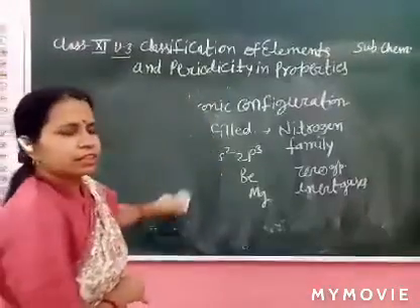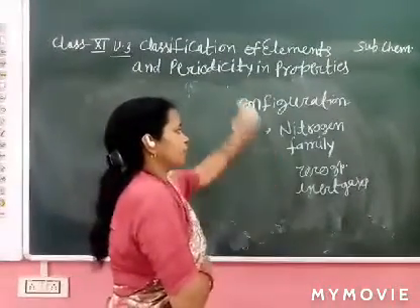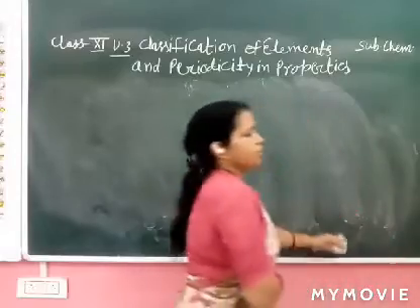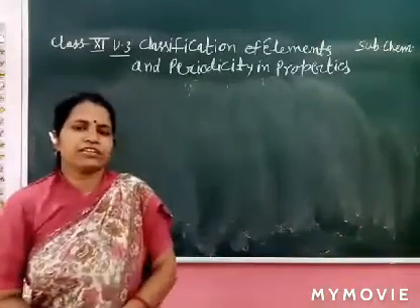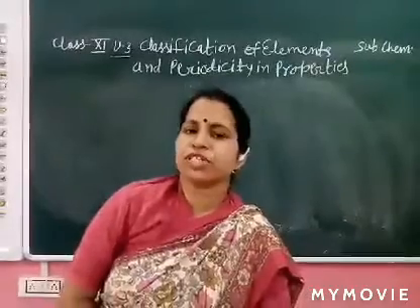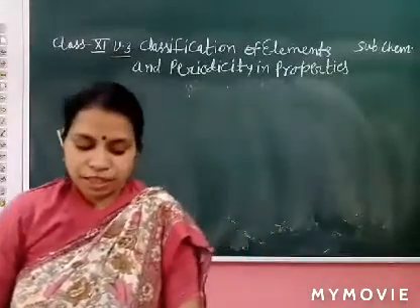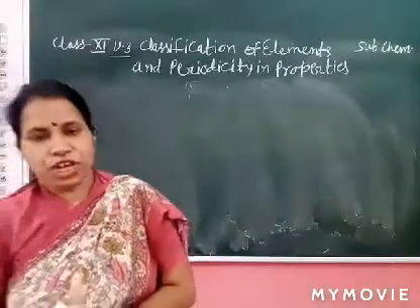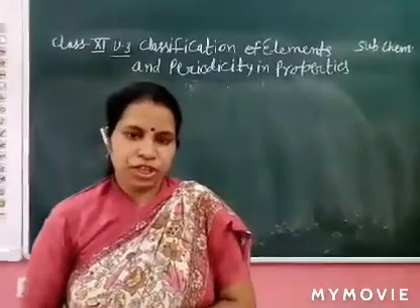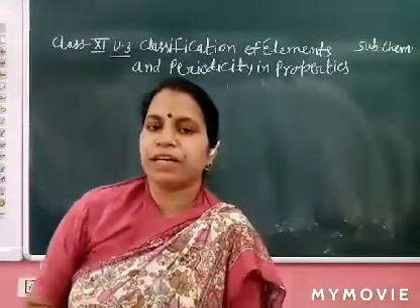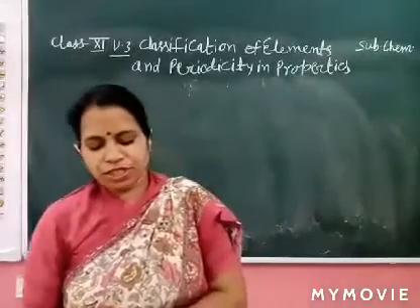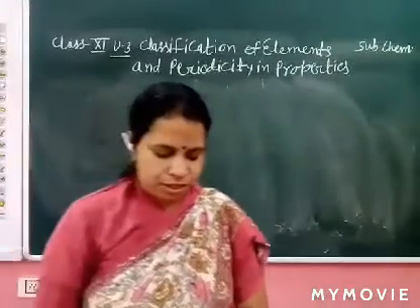Now it's clear what the ionization enthalpy is and what factors affect it. The first factor is the size of the atom, the second is the nuclear charge, the third is the screening effect, the fourth is penetration power, and the fifth is electronic arrangement.